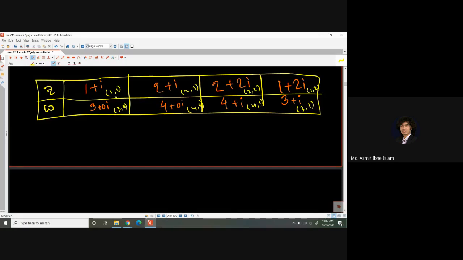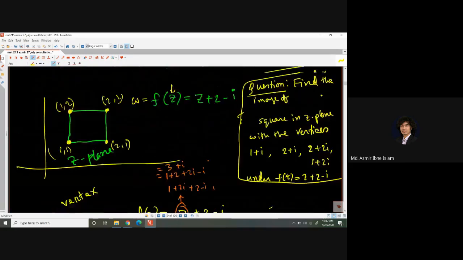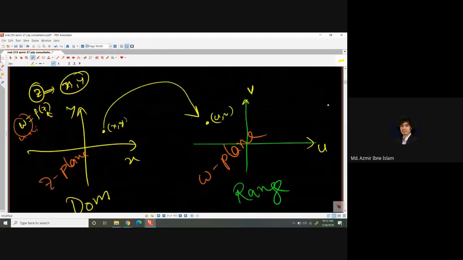That means you can easily understand that the point (1,1) is mapping to (3,0), (2,1) is mapping to (4,0), (2,2) is mapping to (4,1), and (1,2) is mapping to (3,1). That means now we are going to have this representation: the xy point in the z plane is mapping to the w plane.